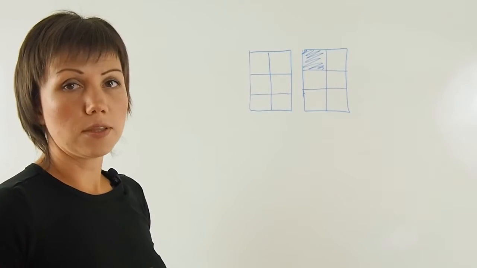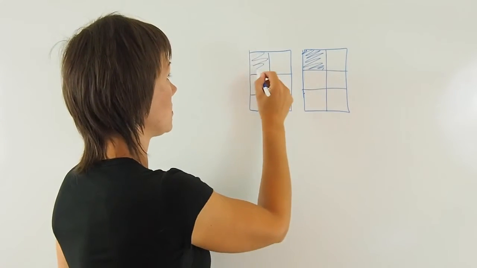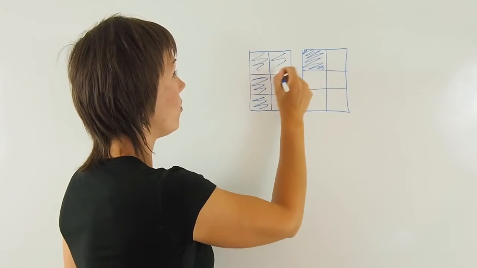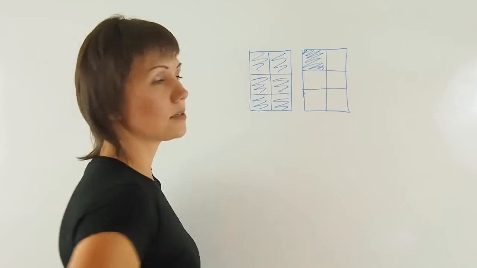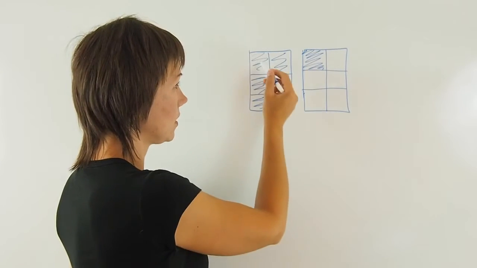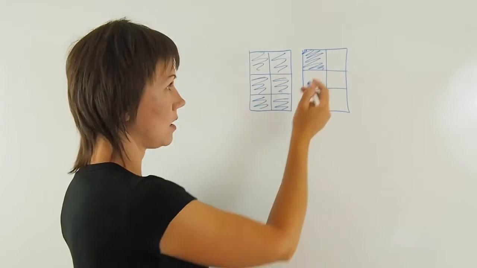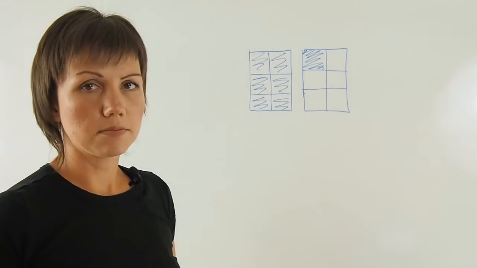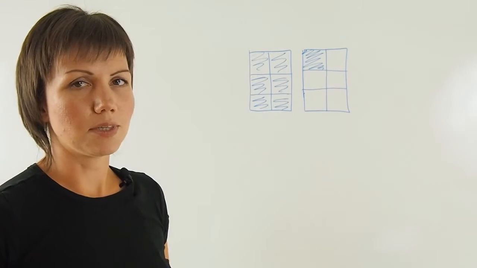So what this means is that I've taken more parts than I have in one whole, because one whole is 6 pieces and I've taken 7 pieces. Not me, but the kid, but whatever.